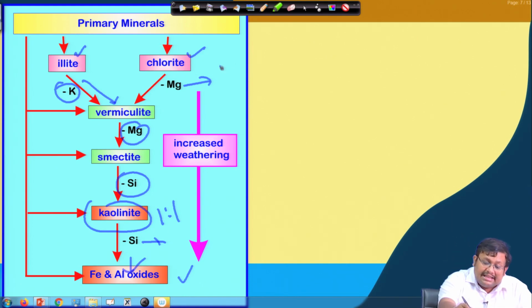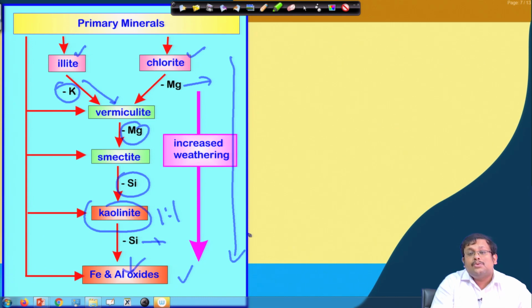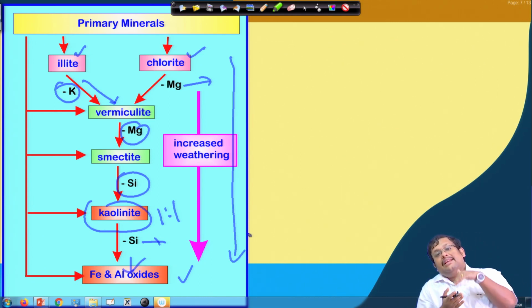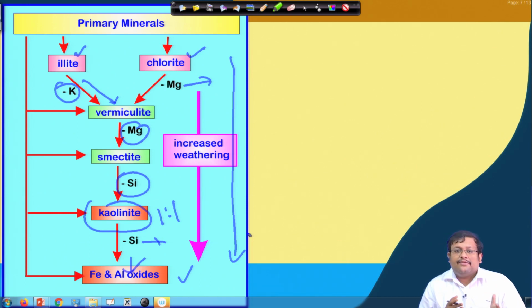So, you can see that in this direction there is an increased weathering rate. Obviously, illite and chlorite will appear in the initial stage of weathering. However, kaolinite and iron or aluminum oxide will appear in the final or later stages of weathering.